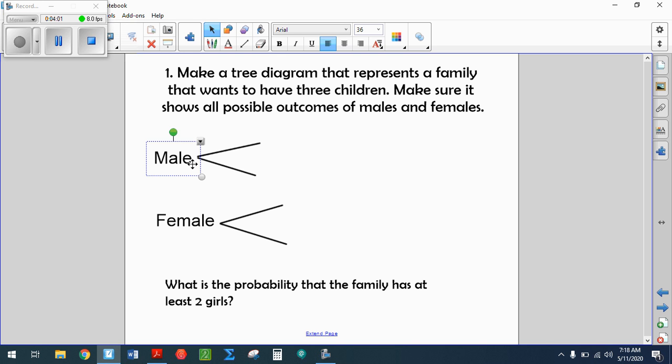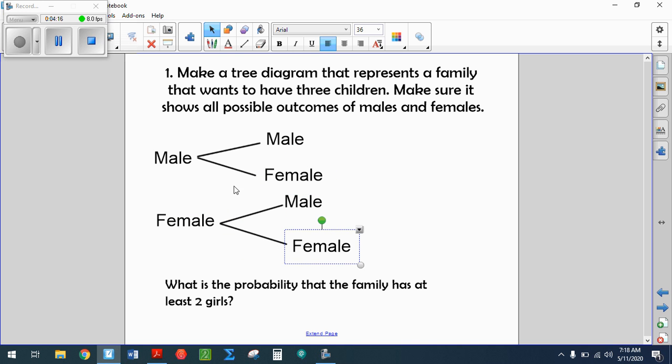Your second child is either going to be male or female. So this is just representing the options the first time you have a kid, and then the options the second time you have a kid. For example, you could have a male and then have another male. Or you could have a male and then have a female. Or you could have a female and then a male, or female and then another female. Then you have a third child.